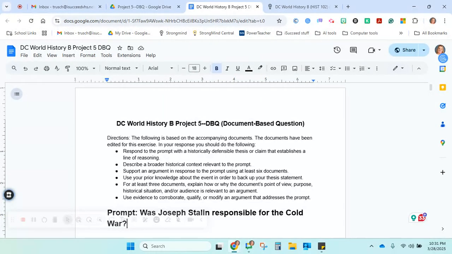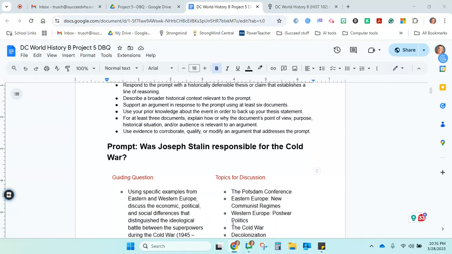He was basically the president, whatever, of Russia at the time, okay? And so he was in part responsible for the Cold War.